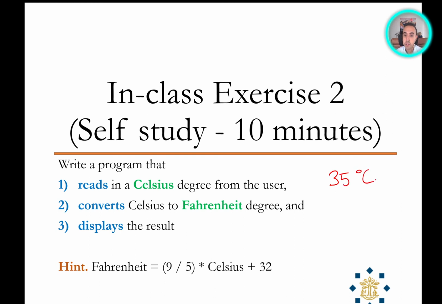And then it converts the Celsius to Fahrenheit using this formula. So Celsius multiplied by 1.8, that is 9 by 5, plus 32. And then after the conversion, it displays the result to the console. So it's very similar to what we did.